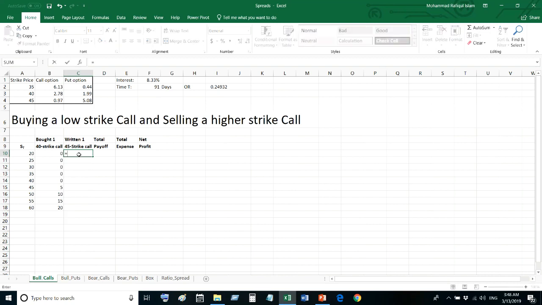Since we wrote it, first a negative sign, then maximum of, since it's a call option, again the same formula, ST negative K. What is K here? K is 45, right? So 0. So that's our payoff. So the total payoff can be found by adding these two payoffs.